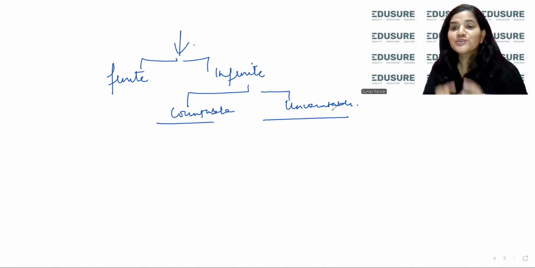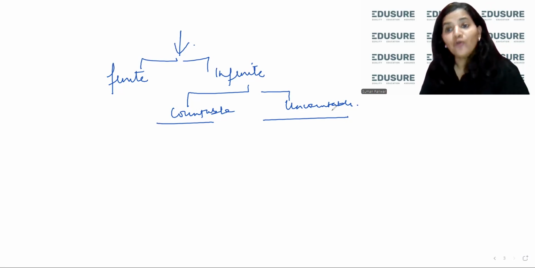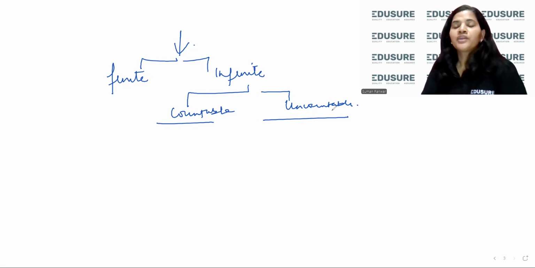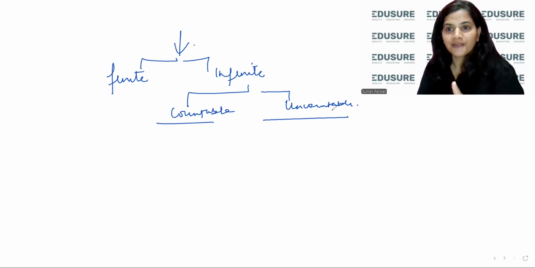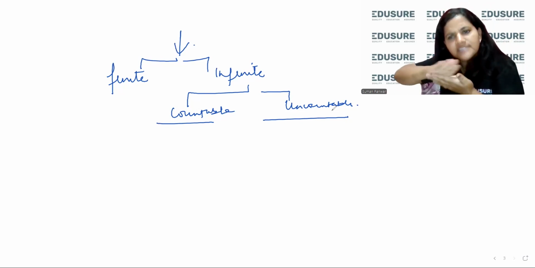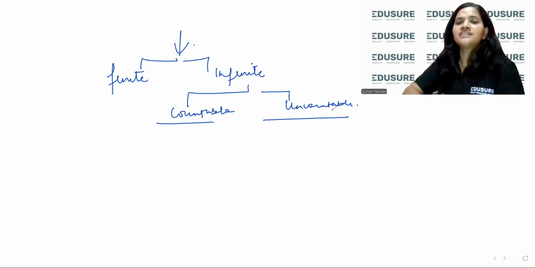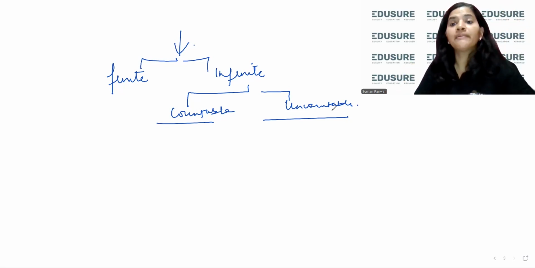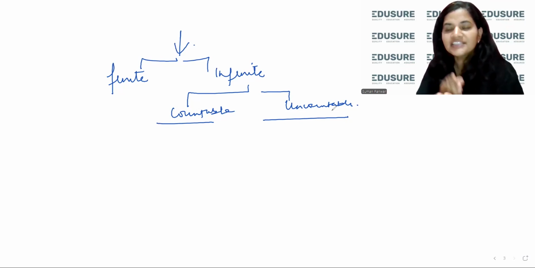So that jar of sugar consisting of sugar granules is a countable set, no matter how difficult it is, but you can count it. But if you grind that sugar in a mixer, then you will never be able to count it because now everything is mixed and so dense that you will never be able to pick up and enumerate. So that is the difference between countable and uncountable.